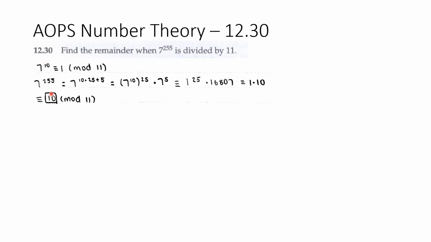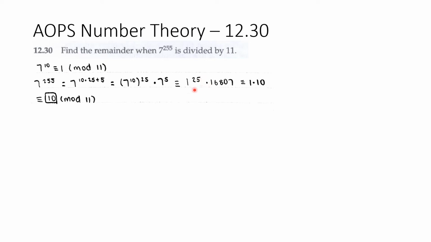So 7 to the power of 255 is equal to 7 to the power of 10 times 25 plus 5, because 255 is equal to 10 times 25 plus 5, which is 7 to the power of 10 in brackets to the power of 25 times 7 to the power of 5, which is congruent to 1 to the power of 25, since 7 to the power of 10 is congruent to 1 modulo 11.